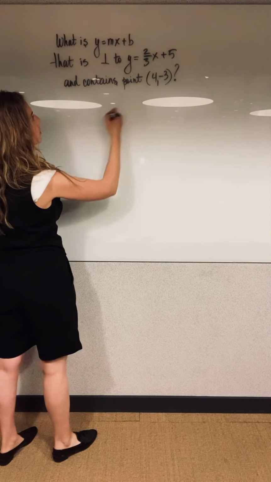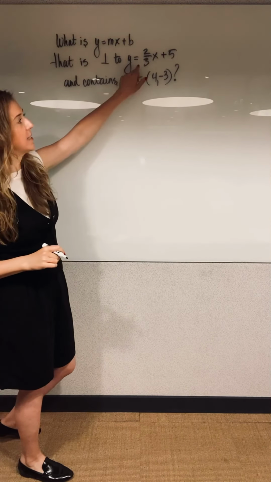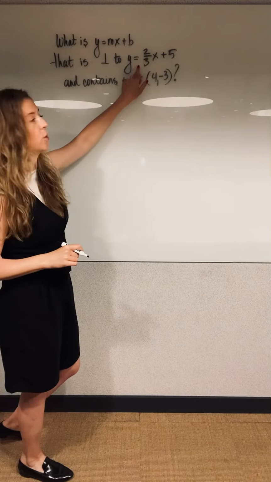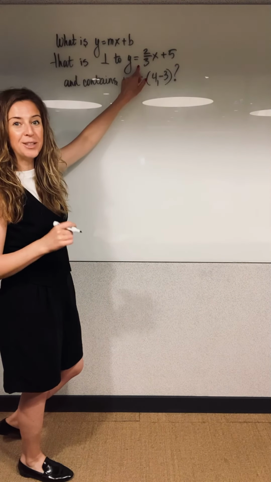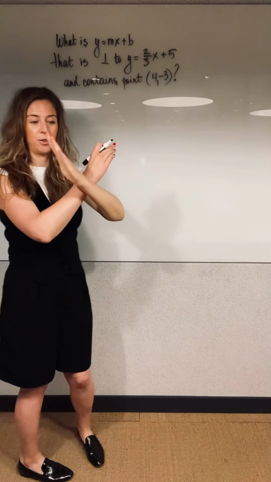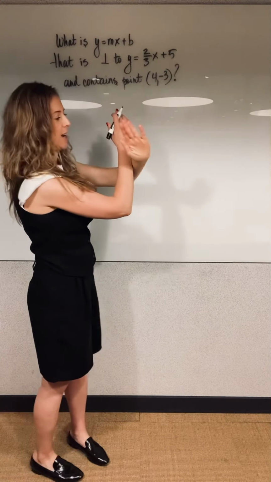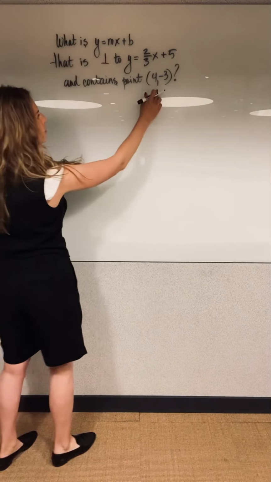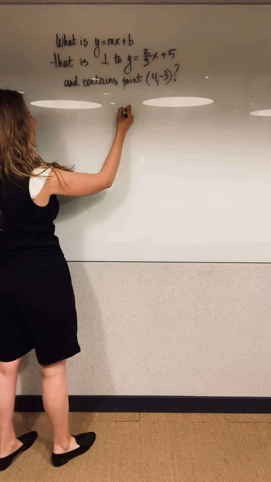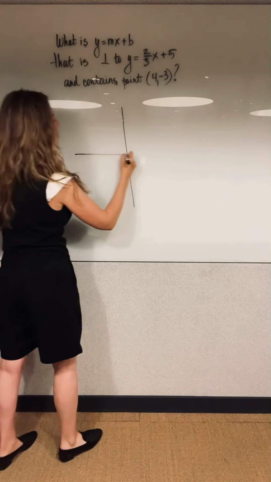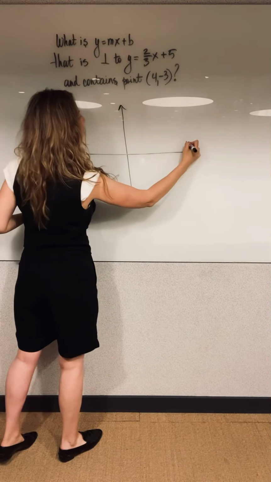We have this line y equals 2/3 x plus 5, and we need to find a line that is perpendicular, 90 degrees, and goes through this point as well. Let's say this is our x and y.